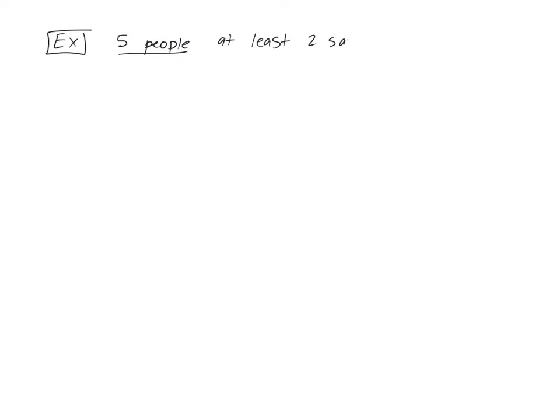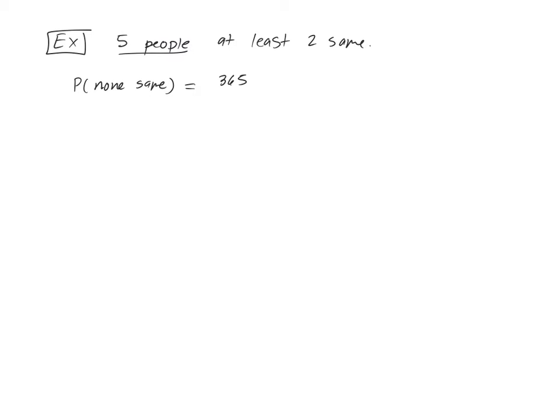Would it be 1 over 365 squared? Not quite, because that seems really small. It's much higher than that. So let's do it with complements: the probability that none are the same. So how many choices for the first person's birthday? 365, right?